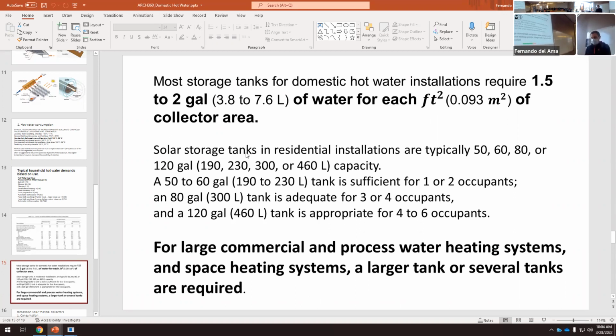So here you can see that in residential installations, we have 50, 60, 80, or 120 gallons. So 50 to 60 is enough for 2 occupants, 120 for 4 to 6. Again, rules of thumb. If you go to your house and look at your tank, depending on how many people, it would be from 50 to 120 gallons.